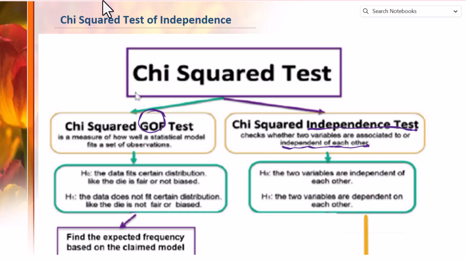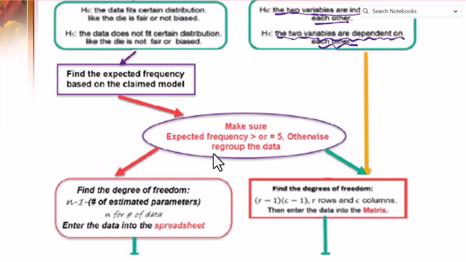H0 is always that the two variables are independent of each other. H1 is always that the two variables are dependent on each other. For both chi-squared tests, make sure the expected frequency is greater than or equal to 5.